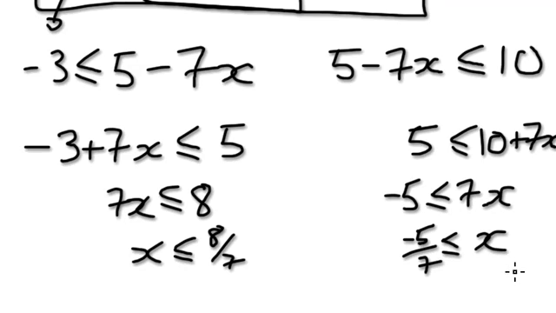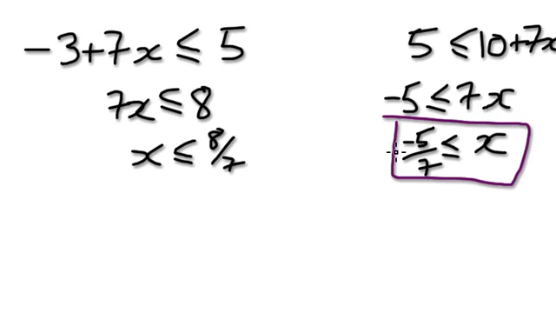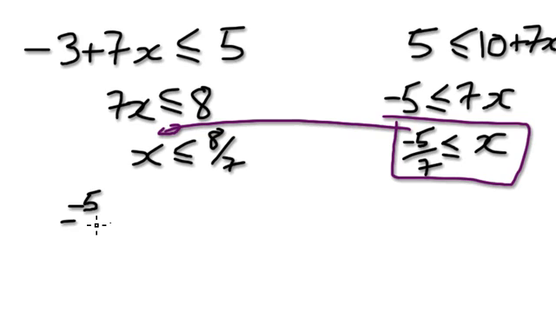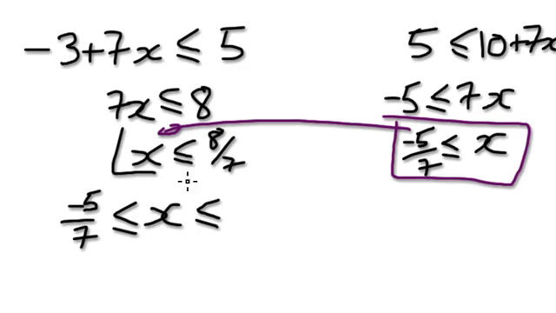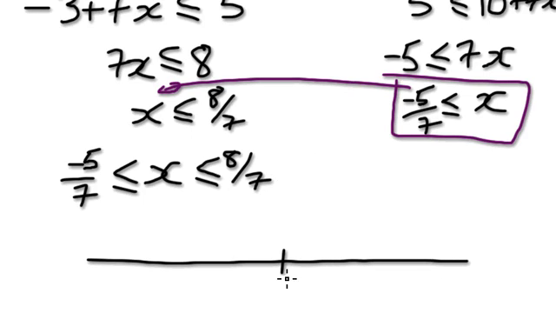X here. So your number line: move this over here. So it will look like this. Minus 5 over 7 being x there, and then looking at this here, this would be 8 over 7. Your number line will look something like this. 0 here.